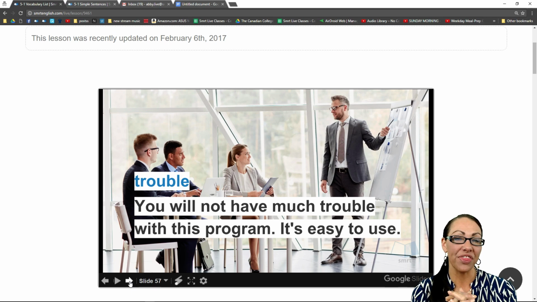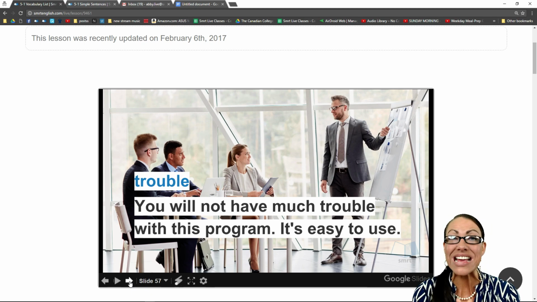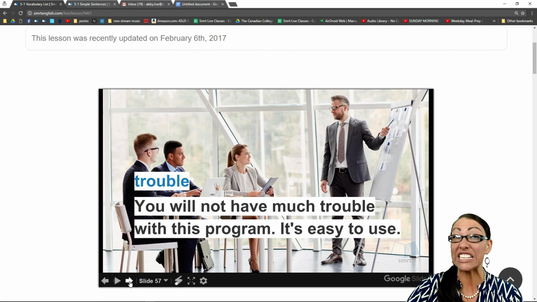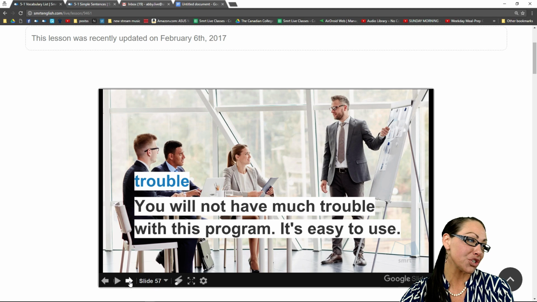With this example, you will not have much trouble. You will not have much difficulty with this program. It's easy to use. So trouble, a synonym that I think is helpful would be difficulty.